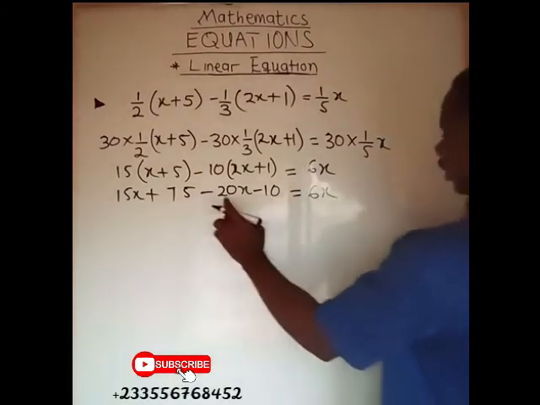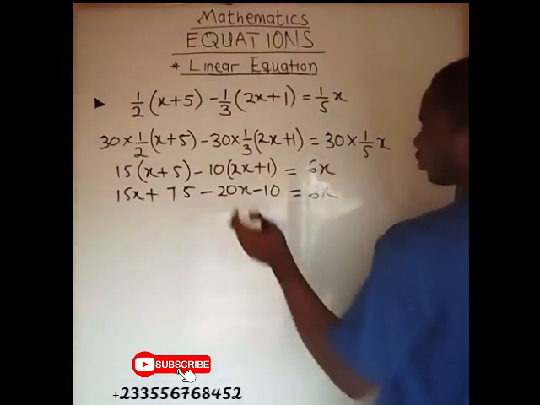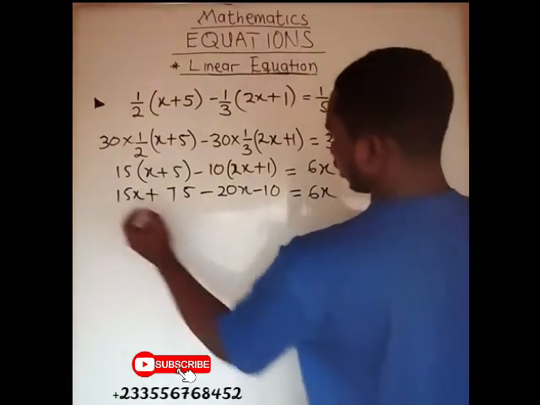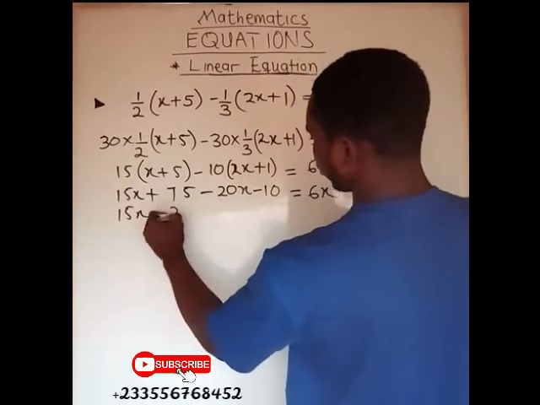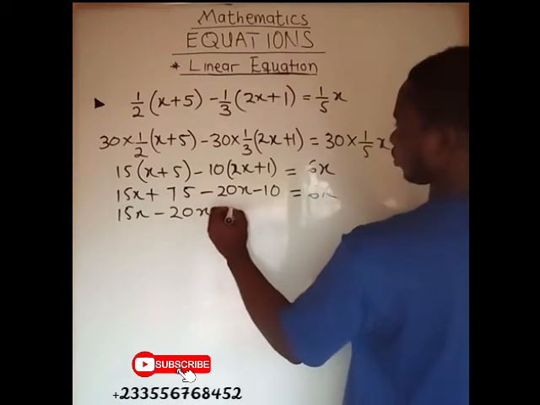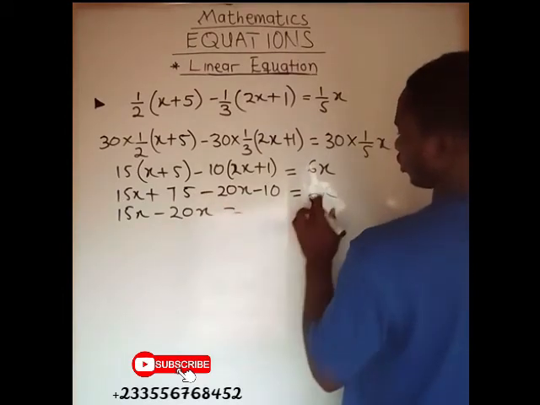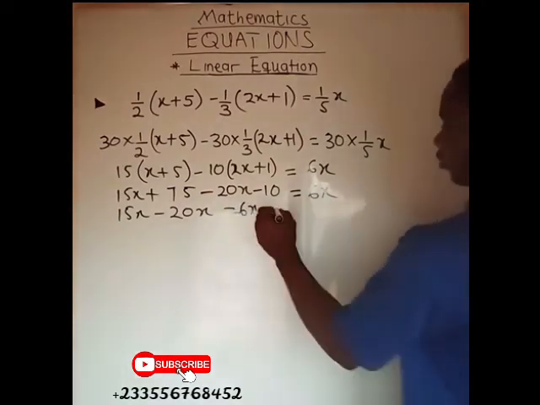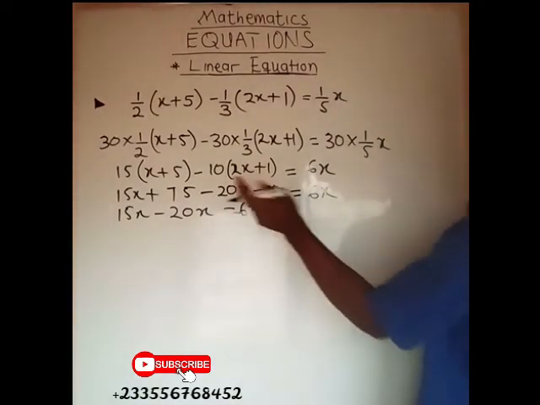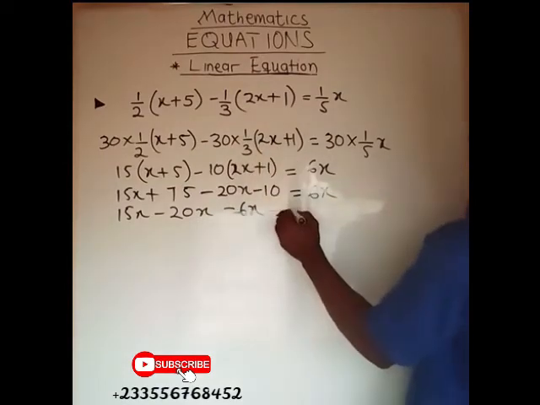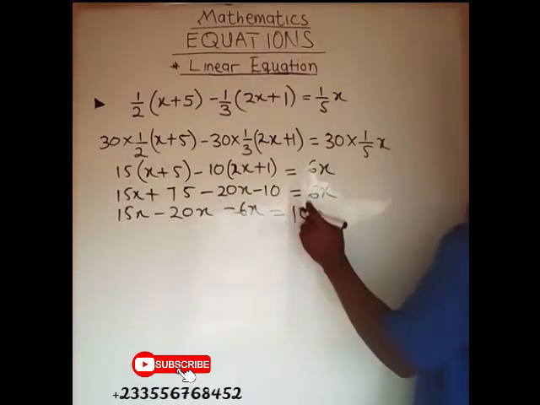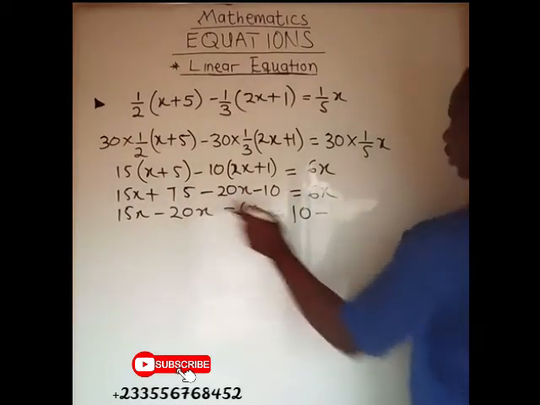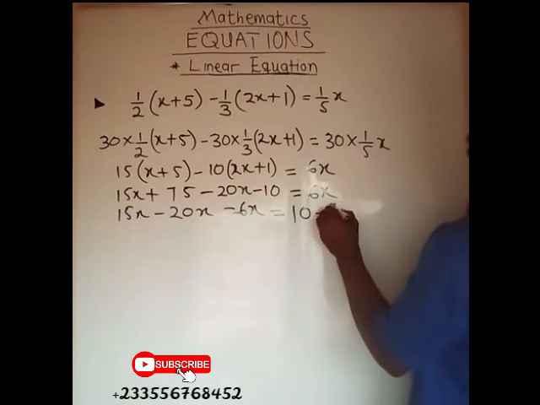Now we'll group like terms. The equation has no bracket and fraction, so we can now group like terms. So 15x minus 20x minus 6x will be equal to, at the other side, negative 10, because of the negative 10, then negative 75.